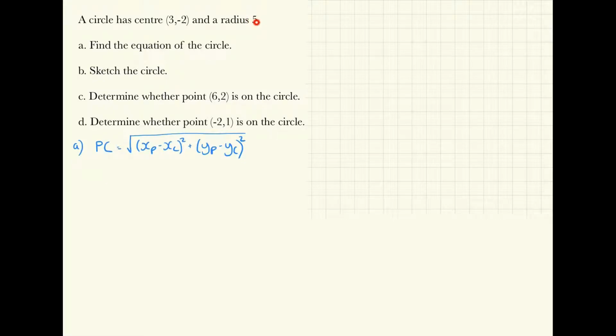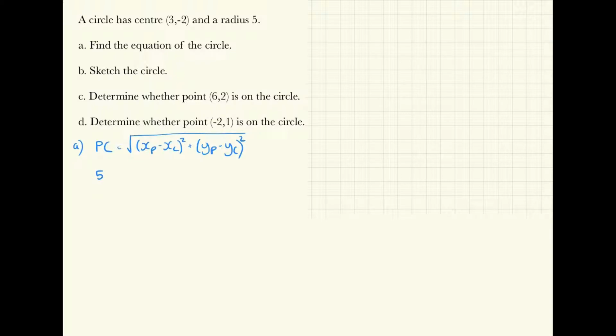And we know the radius is 5. So we'll substitute PC for 5. And we know the center is (3, -2). So we're going to substitute the x-coordinate and the y-coordinate of the center with 3 and -2. Let's do that all in one step.